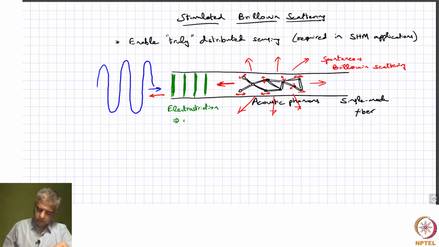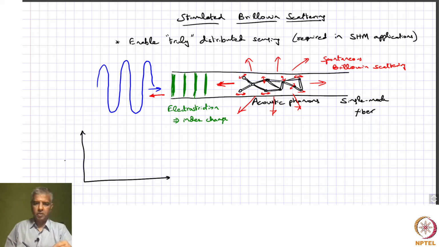This electrostriction gives you a refractive index change, and that refractive index change will in turn make this component stronger, to the point that this is something that we observe in communications.